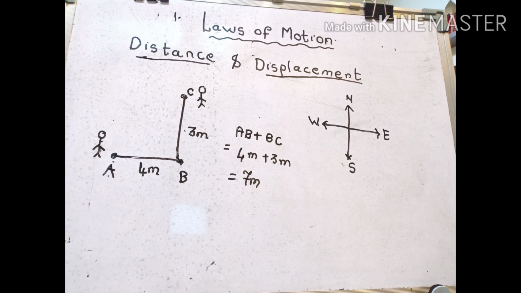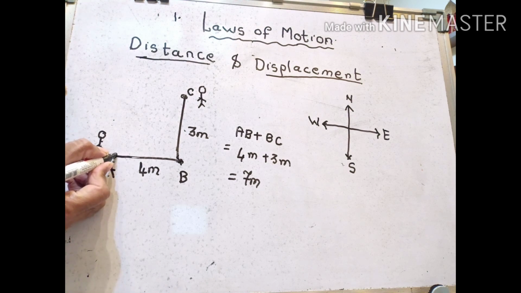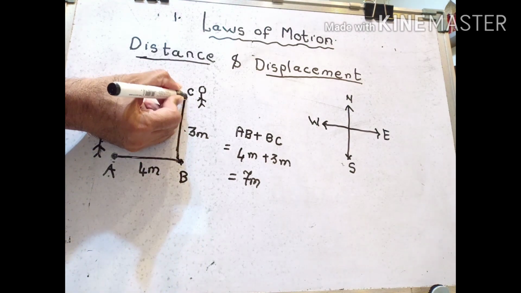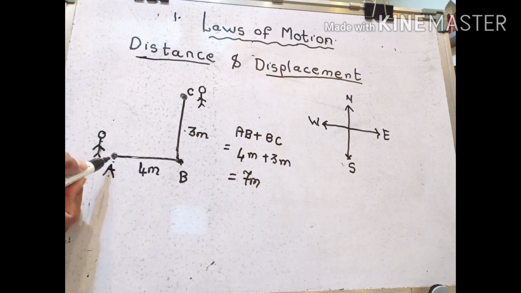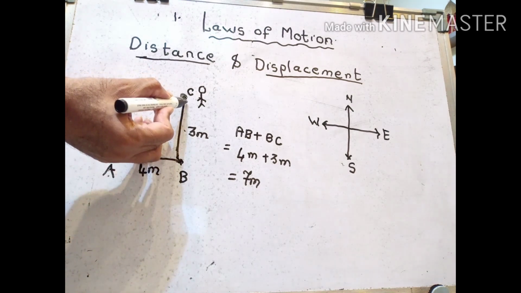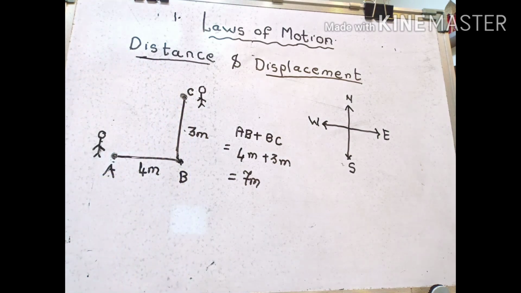Now let us understand what is displacement. Students, I told you the displacement is the minimum distance between the starting point and the finishing point. Now the starting point is A, the finishing point is C. So the minimum distance between any 2 points, whether the road is like this or whether the road is curved, whatever it be, is always a straight line joining the 2 points.